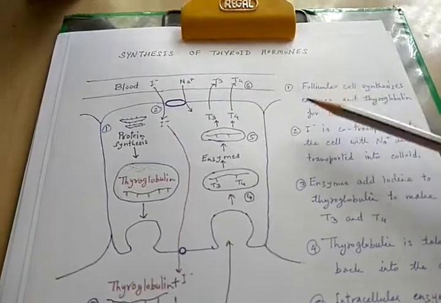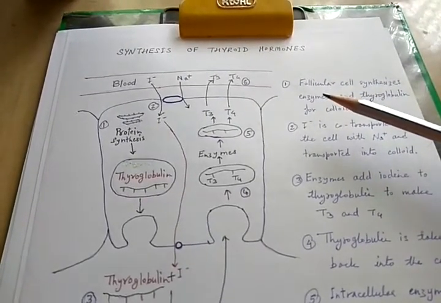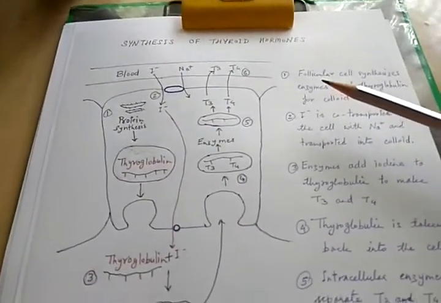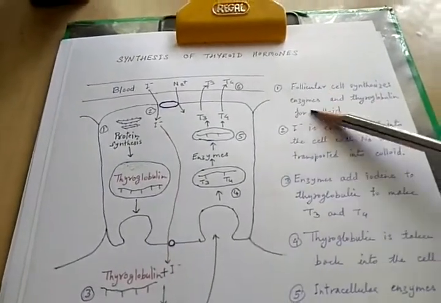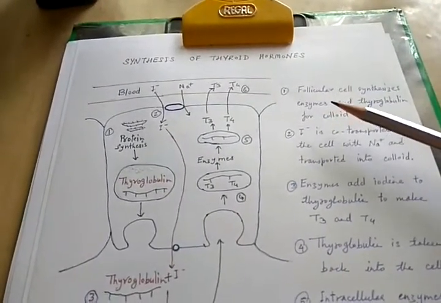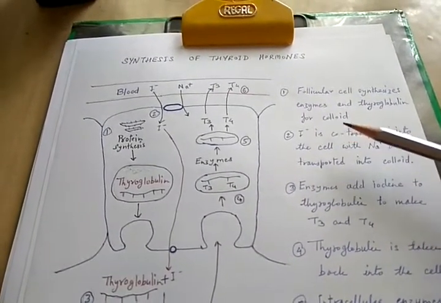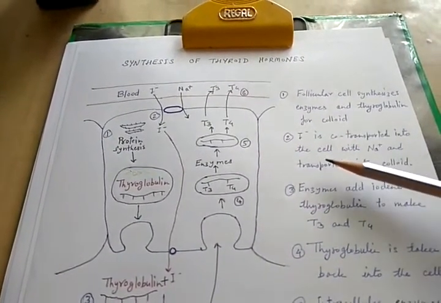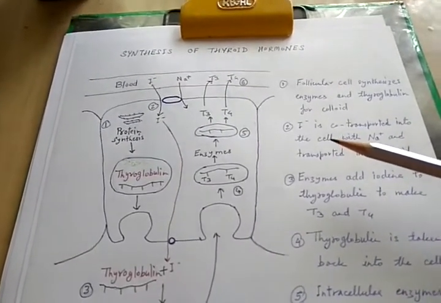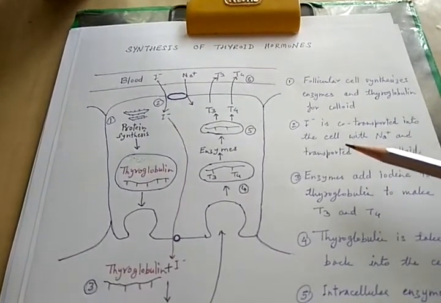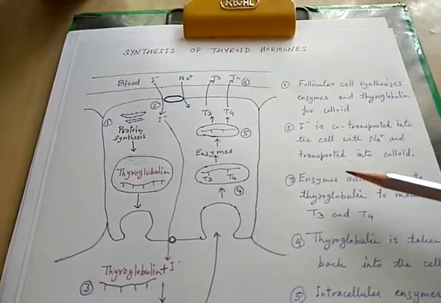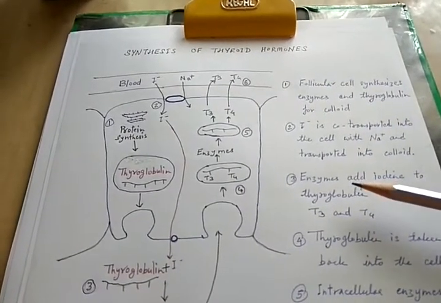So we can see the step by step whatever I have discussed. First the follicular cells synthesize enzymes and thyroglobulin for colloid. Then the iodide ion is co-transported into the cell with sodium and transported into the colloid.